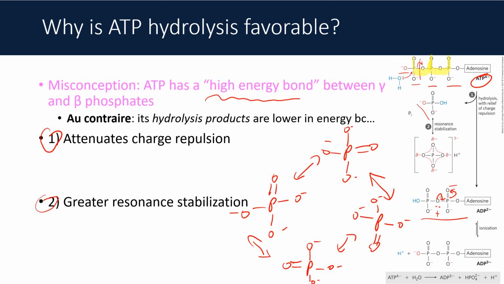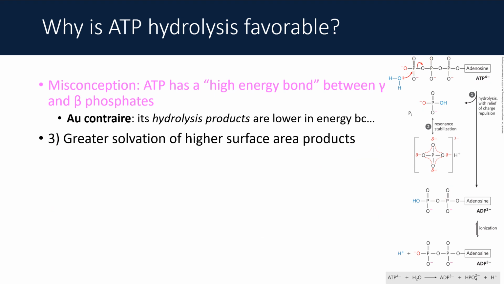So one of the products, inorganic phosphate, has 4 resonance forms alone, plus whatever resonance is left over on the beta phosphate of the ADP group. So all of that extra resonance is what's going to further stabilize those charges associated with the phosphate moieties.